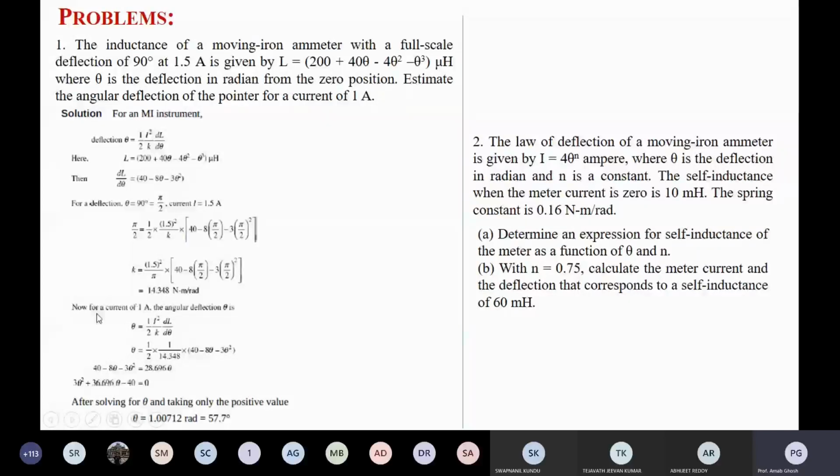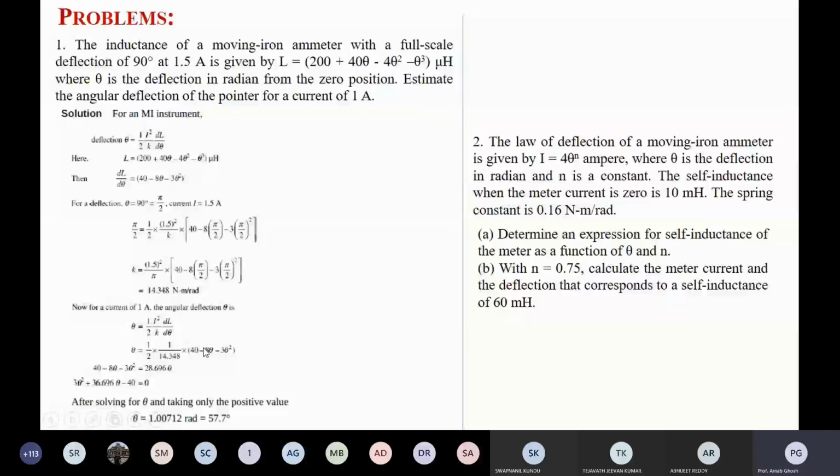Now for the current of 1 ampere, what will be the angular deflection? That you have to calculate. Simple problem. The expression of theta is half I square by k dL by d theta. You know the value of I1, you know the value of k, and the expression of dL by d theta is 40 minus 8 theta minus 3 theta square.